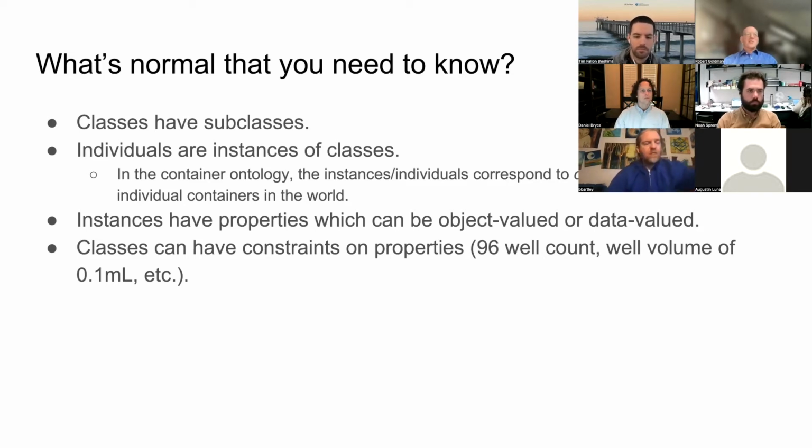And that's just a constraint that comes from the way OWL is sort of fielded on the web, and also about just how the reasoner works. So you have to keep that in mind. And then again, just like in any class system, the class can have express constraints on what the property values can be.